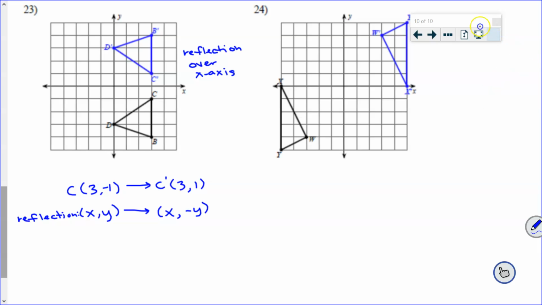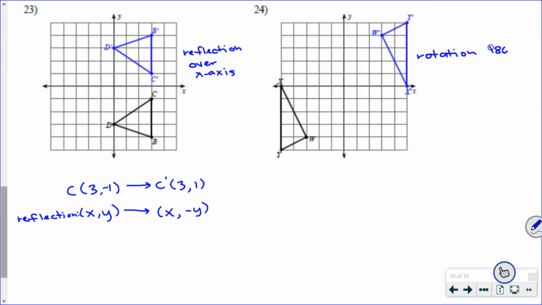And now this one's the hardest one of all. What's happening? Here is triangle WXY. Here is triangle W prime X prime Y prime. Rotation 180 degrees around the origin.